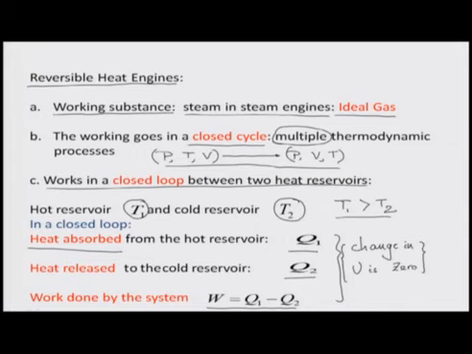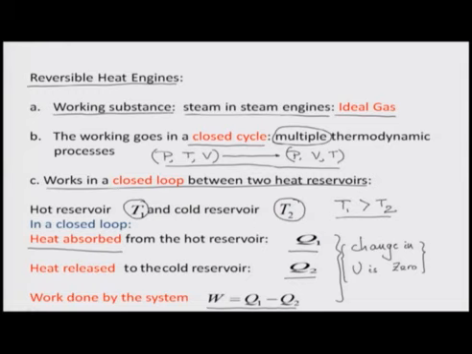Okay? So, what is the essence? I have a working substance, which I choose to be an ideal gas, that works in a closed loop between two heat reservoirs. One has temperature T1, the other has temperature T2. T1 is greater than T2.